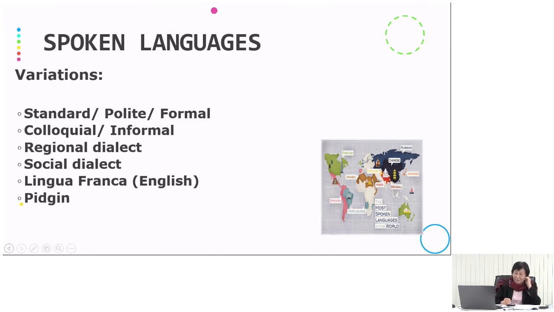You see? So it doesn't mean that it must be a big area for you to have more than one language. In a country like that, they speak different ones. Or even in one country, for example, Africa.